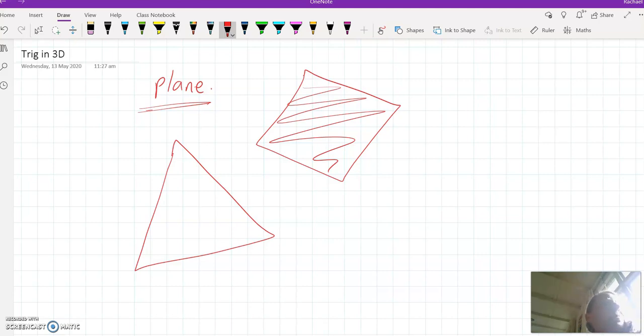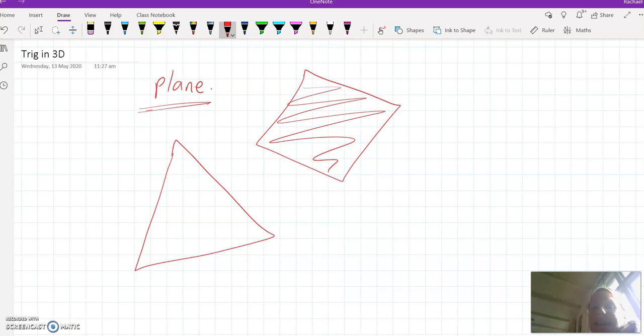What we want to be able to do is deal with triangles that are part of three-dimensional objects. And so those triangles would be one plane, okay, or they'll sit on a plane. So it's like cutting out a triangle from a piece of paper.